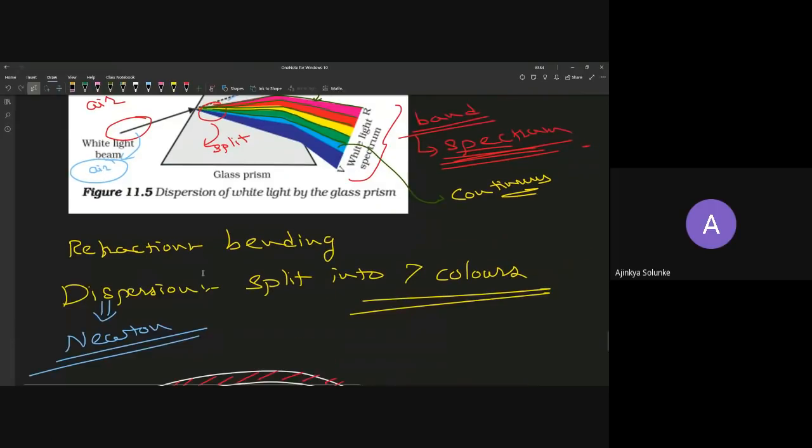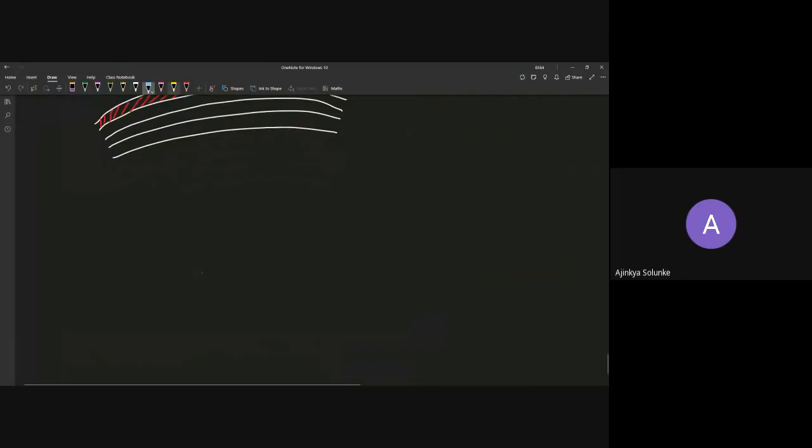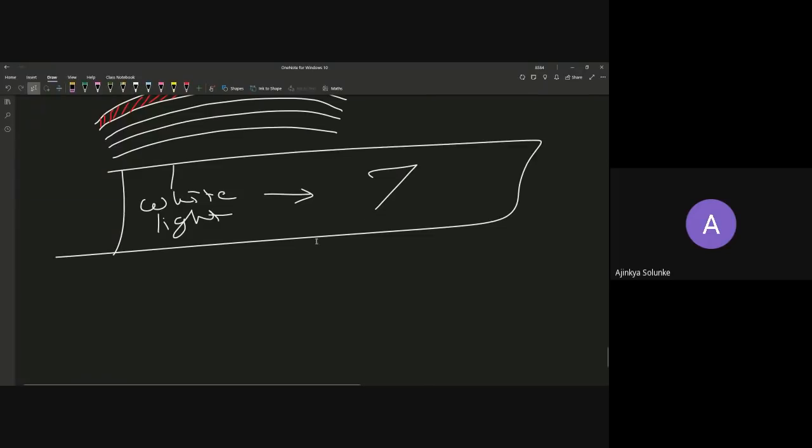And from one white light, how many colors have you received? 7? Okay. So, see, when Newton was doing this experiment, he thought that if one light is able to create 7 colors, what if I keep 2 prisms against each other?